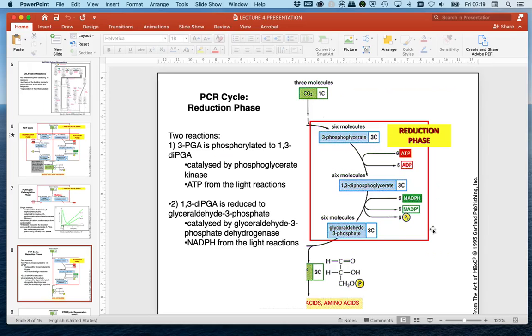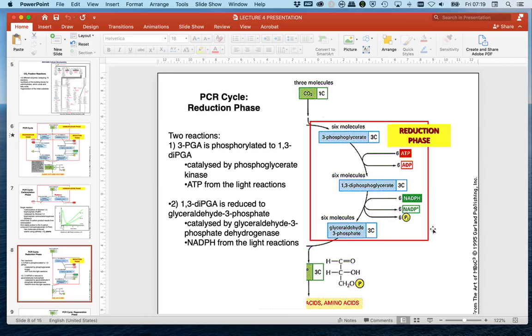The next phase is the reduction phase, and there's only 2 reactions in this reduction phase that I'd like you to remember. And this is where 3-PGA is phosphorylated to 1,3-diphosphoglycerate.